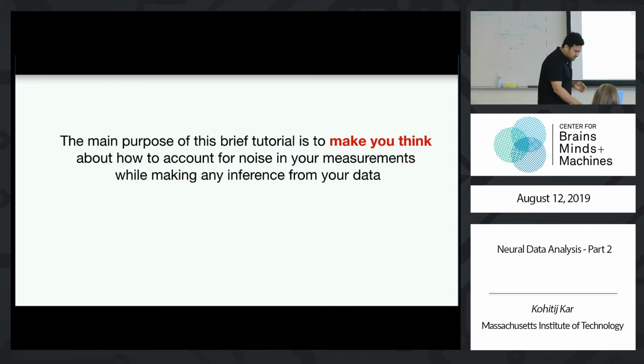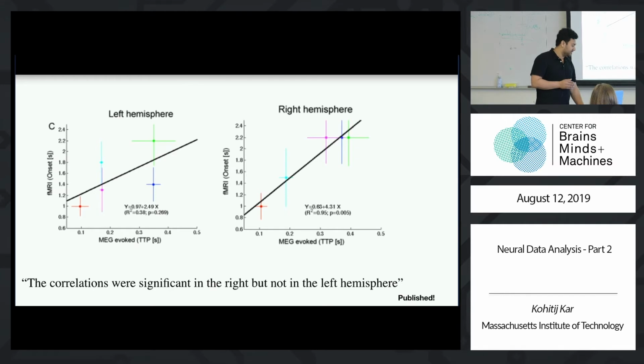I want to start with some examples. These are published studies, and I'm not going to name the authors or the journal, to give as little hint as possible. The data is shown here, left hemisphere, right hemisphere, with two axes, evoked MEG and then fMRI.